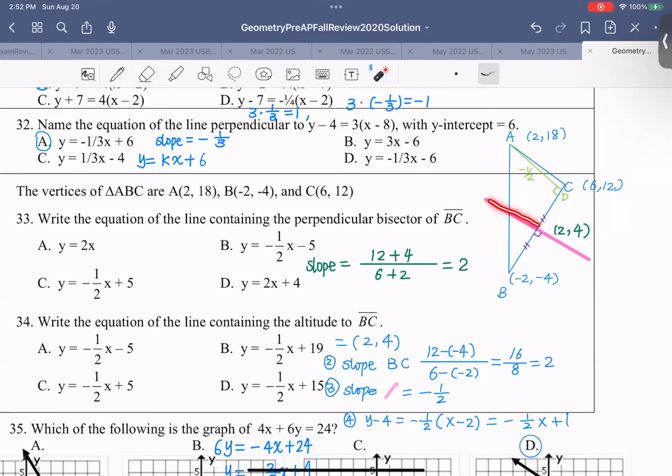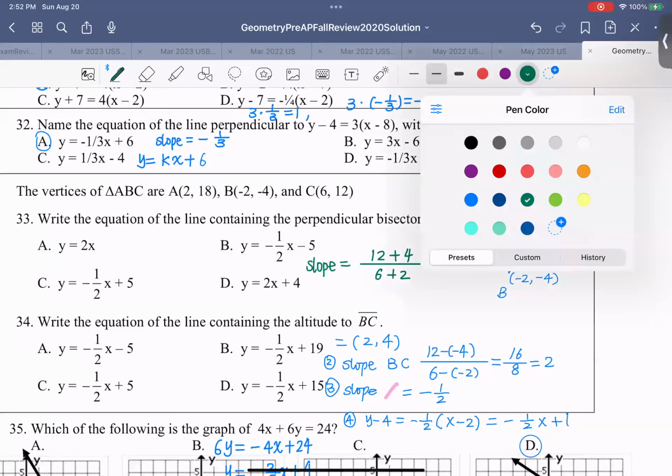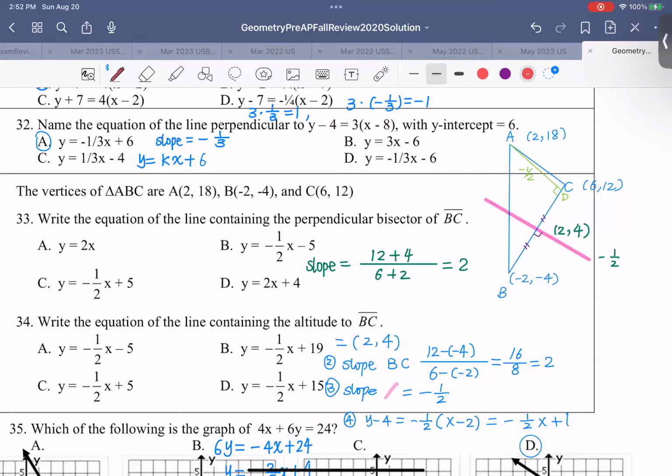How much will this line's slope be? Negative 1/2. Good. You have the slope as negative 1/2 and you pass this point. Can you give me the point-slope format, please? y minus 4 equals negative 1/2 parentheses x minus 2.